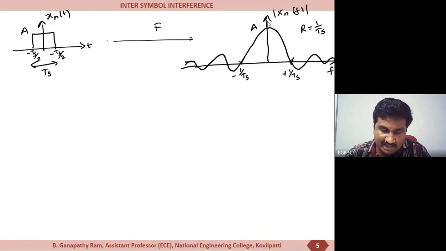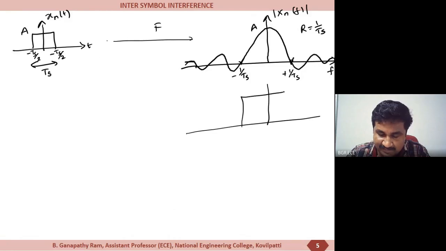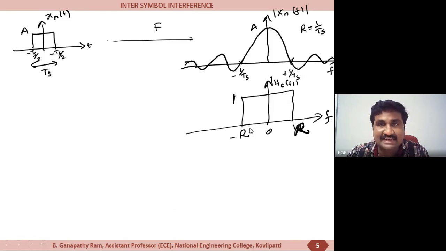But if we allow this signal through a band limited channel whose bandwidth is WH, let me assume an ideal band limited channel whose bandwidth is equal to the data rate exactly at the base band itself.